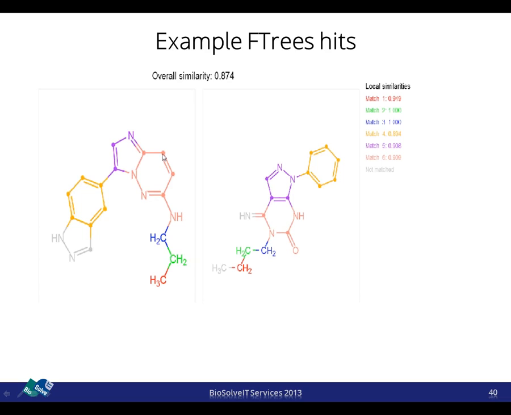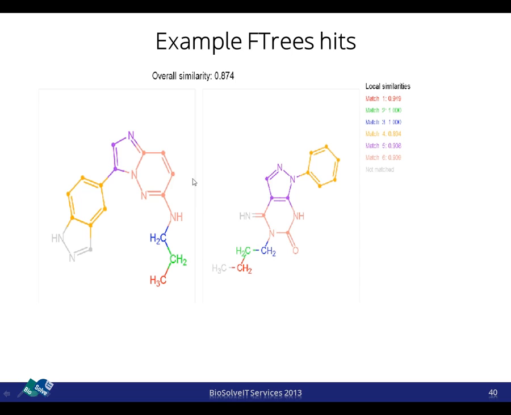And so it's quite obvious that in purple, for example, we have a five-membered ring with two nitrogens, and for our molecule here we have, again, a five-membered ring with two nitrogens, which has been mapped as being a similar feature.